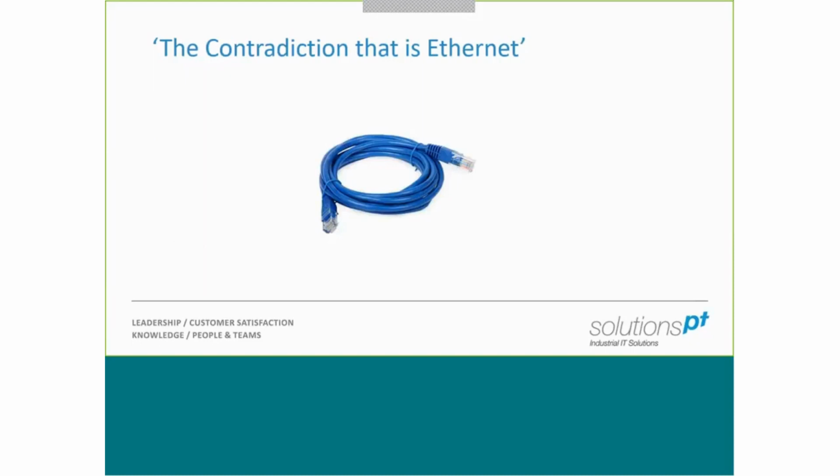So, cutting it brief today, you'll be familiar with this slide, the contradiction that's Ethernet. We acknowledge just how tough Ethernet is as a subject, but today we're really starting to build on the knowledge from earlier webinars, and I'm conscious that there are new people joining us all the time. As I said, the subject is complex.